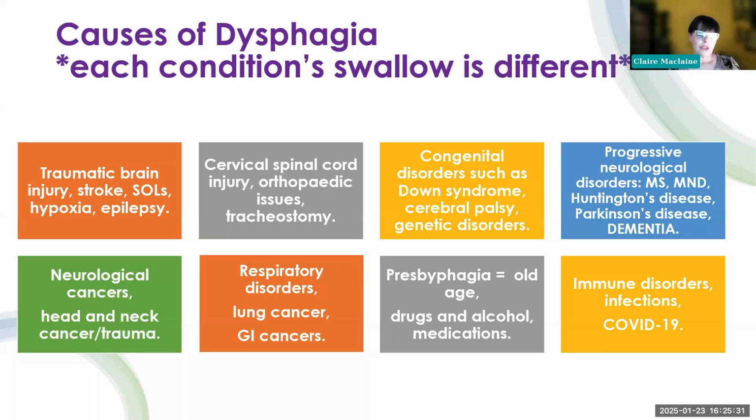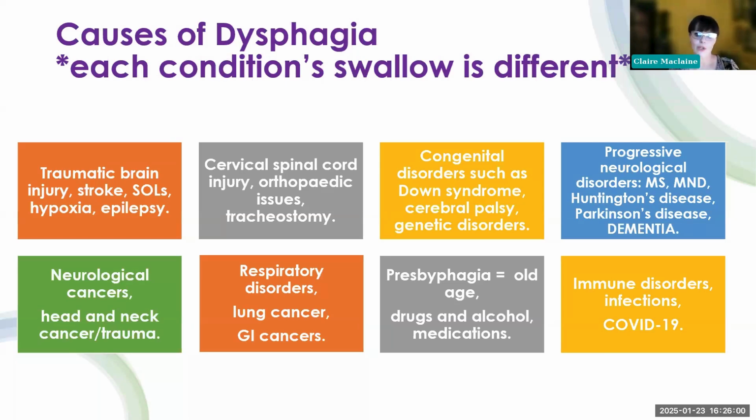So your client, after a serious injury, could have a brain injury that's caused it. They could have a spinal cord injury, high level, that's caused it. But they could have all these other things going on. They could have osteophytes up at the top of their vertebrae. They could have a concomitant progressive neurological disorder like MND or MS. Some of our clients who are older could have, well, not even older, dementia.